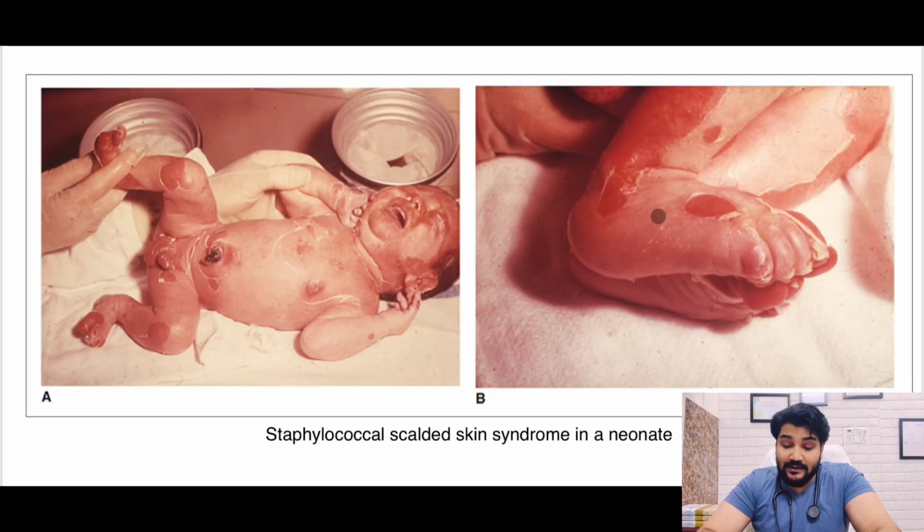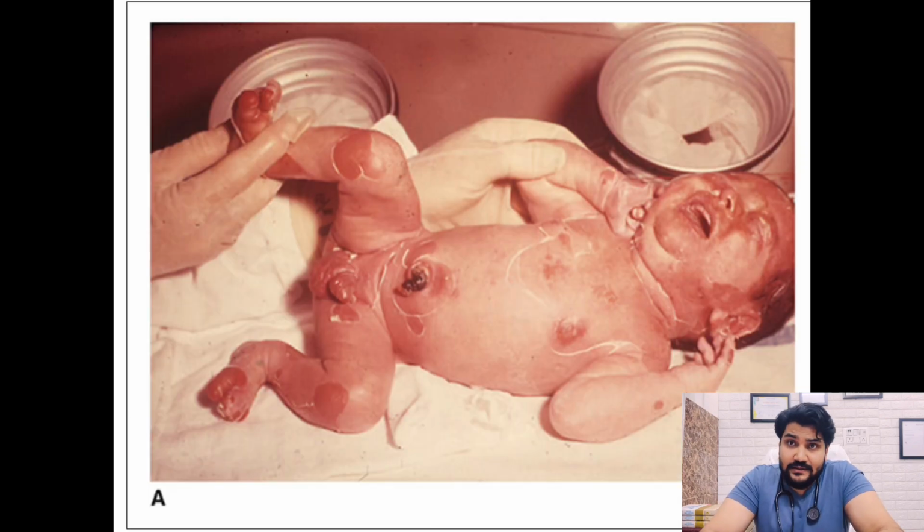Now another manifestation of Staphylococcus is staphylococcal scalded skin syndrome in the neonate, where there will be peeling of the skin. The most common toxin associated is the exfoliative toxin. Look at this kid. Look at the exfoliation associated with them, the peeling of the skin of the neonate.